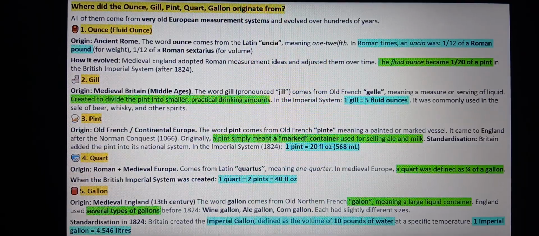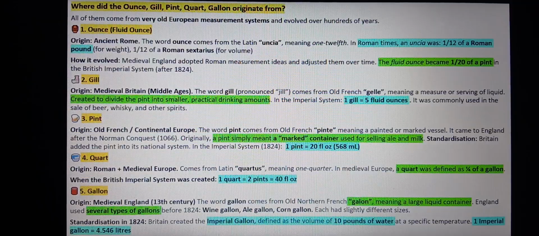So let's see, where did these words come from? Like the ounce, the gill, the pint, the quart, the gallon. Where did they originate from? So all of them come from very old European measurement systems, and they've evolved over hundreds of years. Let's look at the ounce. The origin came from ancient Rome. The word ounce comes from the Latin word uncia, which sounds a little bit like ounce, meaning 1/12.